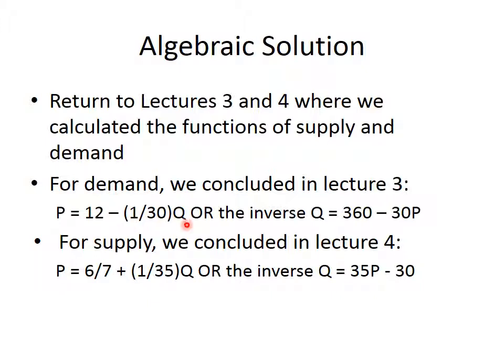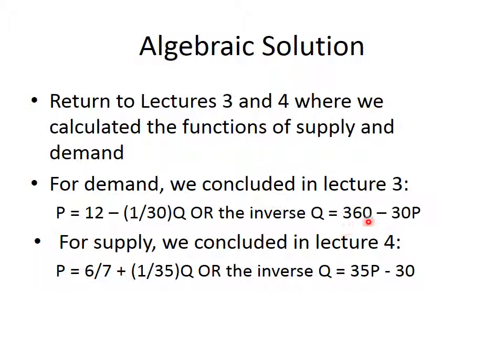Now, what I want you to reiterate in your mind is a basic mathematical argument, which is that this over here, quantity equals 360 minus 30p, is just another way of expressing this. They say the same thing. They are synonymous. And which of these two we use isn't really going to matter.